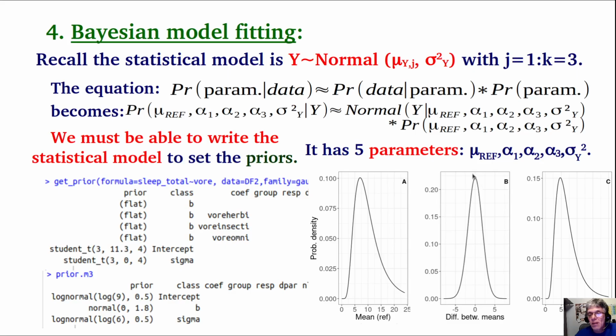This says that we expect very small differences in the mean sleeping time of animals of each of these diets with respect to the reference group, and this other prior shows that we expect small values of the standard deviation of the response variable to be more likely than higher values, and of course using this log normal prior precludes obtaining a negative sigma, which is not allowed, of course.